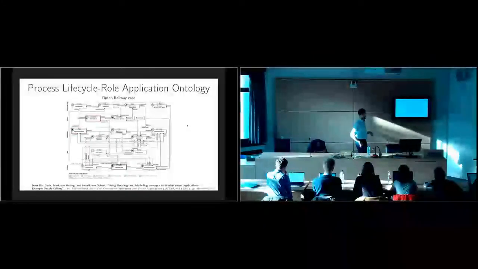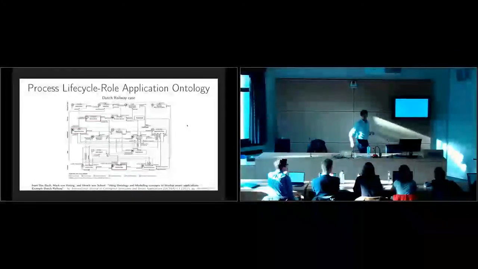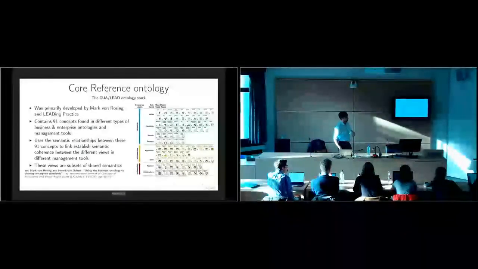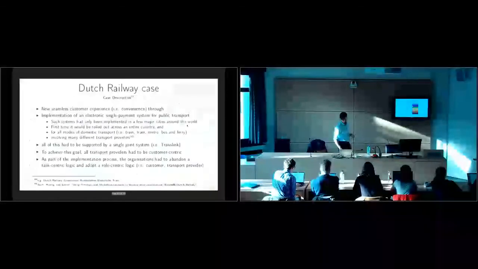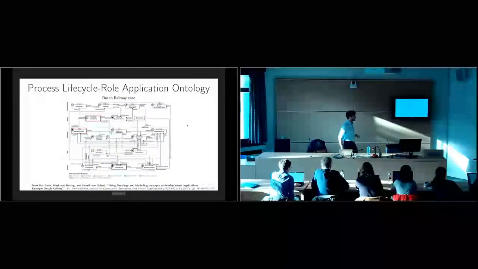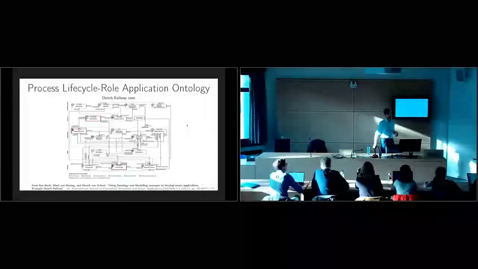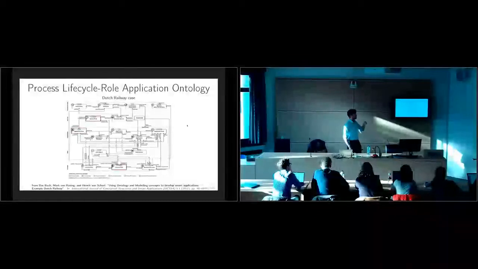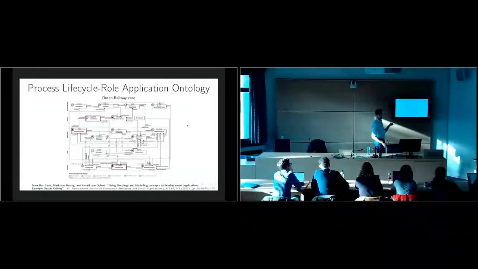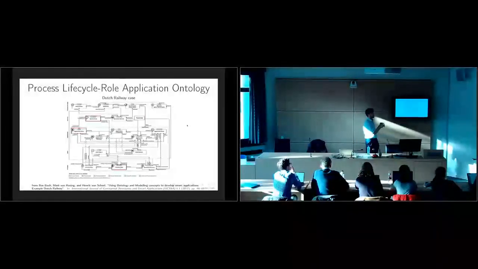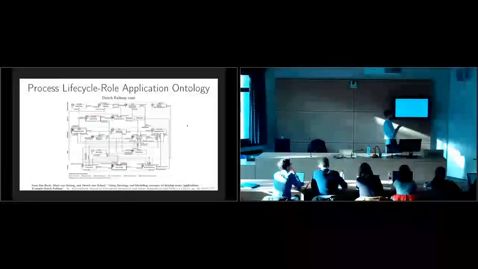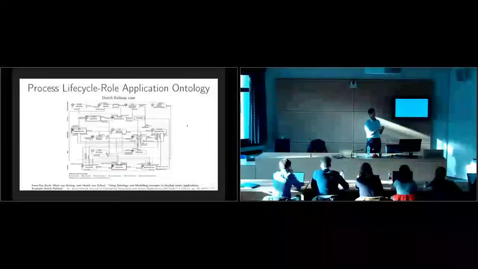You also see other concepts that we can see in our core reference ontology. Those concepts might have been picked from the core reference ontology as is, or they could have been picked from other domain ontologies that develop those core reference ontology concepts in more detail. And when that level of detail is useful for this application, we use that, of course.